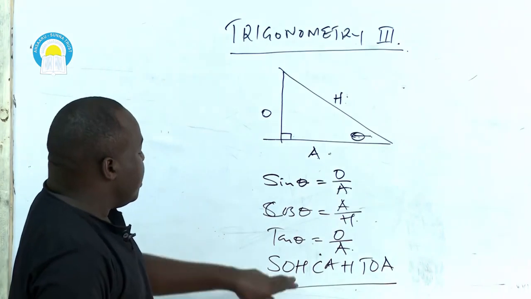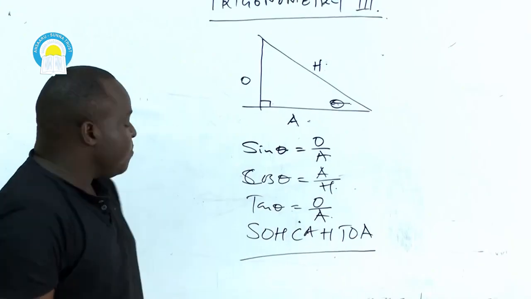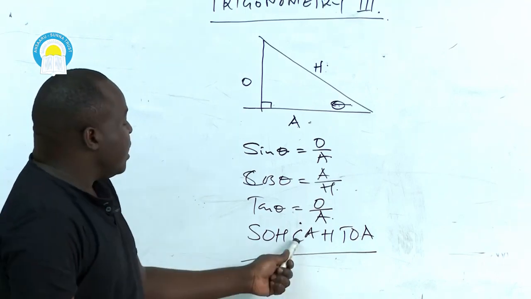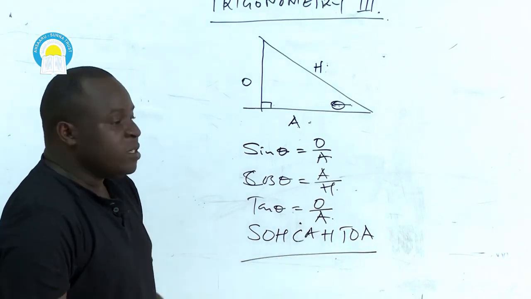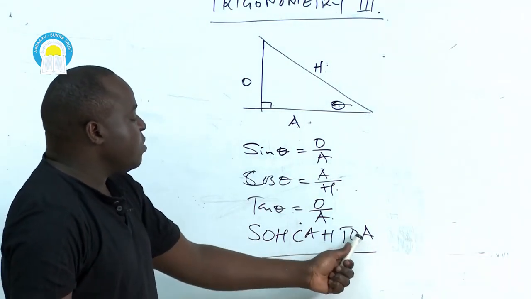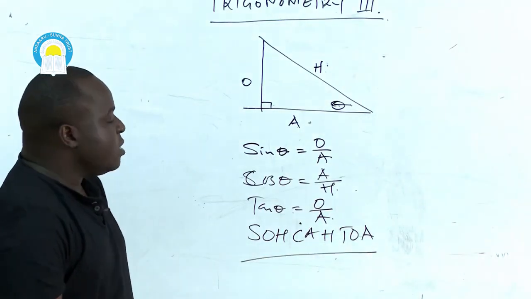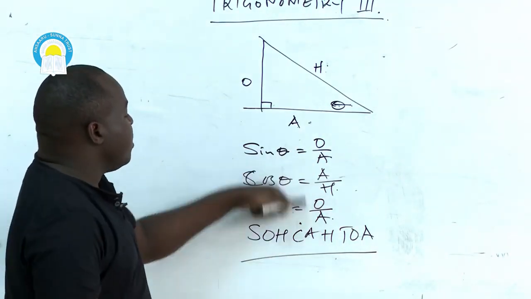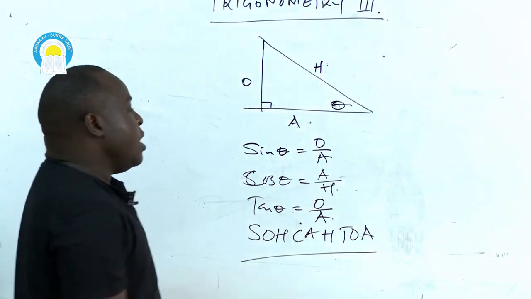So SOHCAHTOA, representing the three ratios. So SOH is for sine theta equals to opposite over hypotenuse. CAH was cos theta equals to adjacent over hypotenuse. Then TOA, which is tan theta equals to opposite over adjacent.